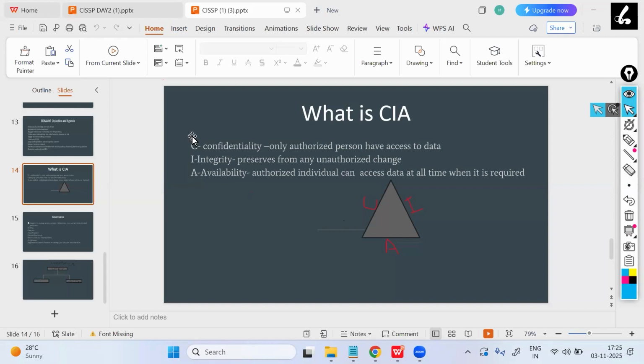For these three pillars, we have different technologies, different products which support these three features in the security domain. For integrity, we have things called hashing, what hashing algorithms are used so that we can make sure the data has not been tampered with. For availability, we will have redundancy methods.